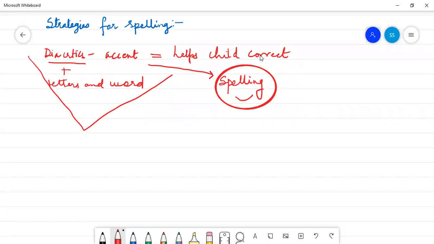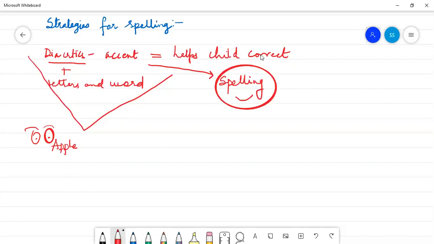Now, whenever you want to teach a spelling, look at each word. You can make the child learn like this: look at each word. For example, apple. So this is a word. When you make a child learn spelling, you ask the child to look at each word.